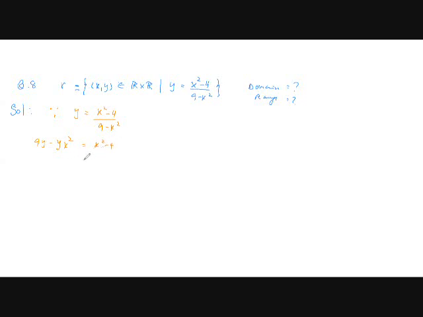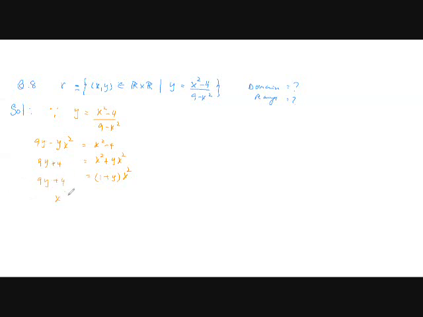So move this one. This one is going to be x squared plus y x squared, and this side is going to be 9y plus 4. Then take the common factor x squared out, so it's going to be 1 plus y, and 9y plus 4.